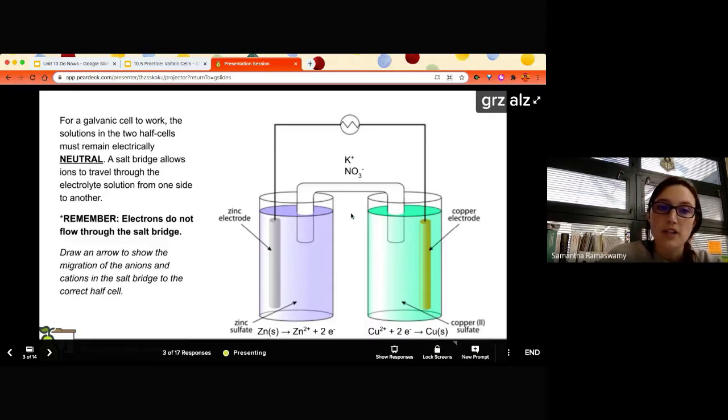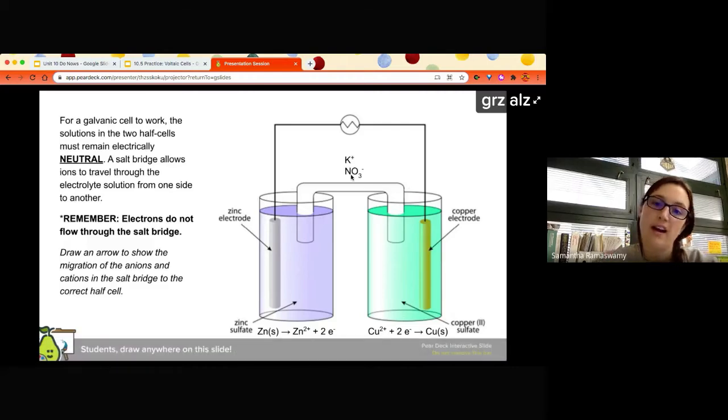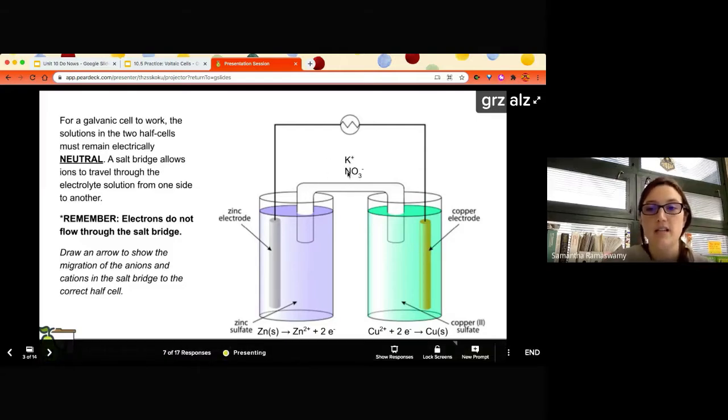The salt bridge allows ions to travel into the appropriate half cell to stay neutral. You should have two arrows, one for K plus and one for NO3 minus. Your cations move one way, your anions move the other. Remember, electrons don't go through the salt bridge, just the ions within your electrolyte.